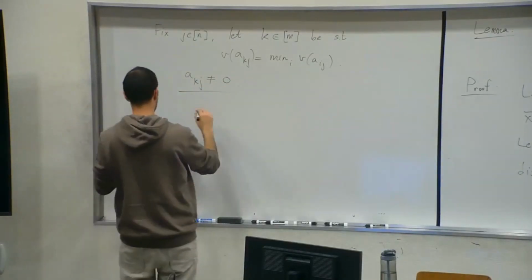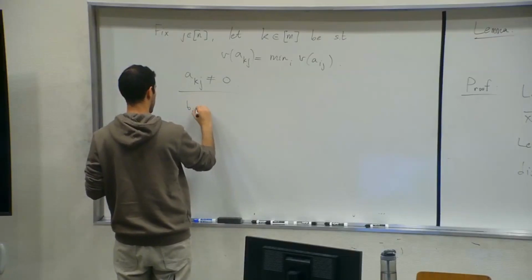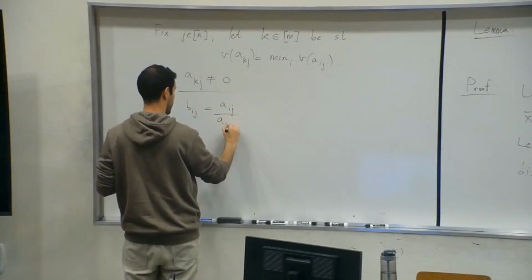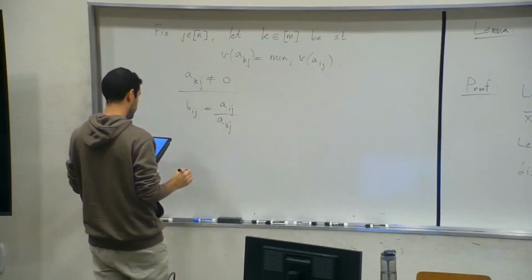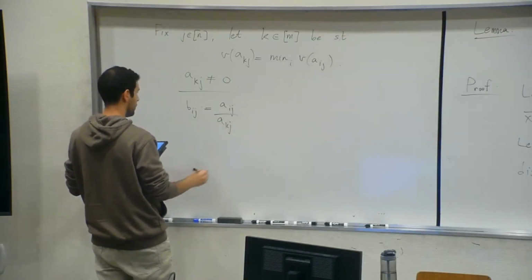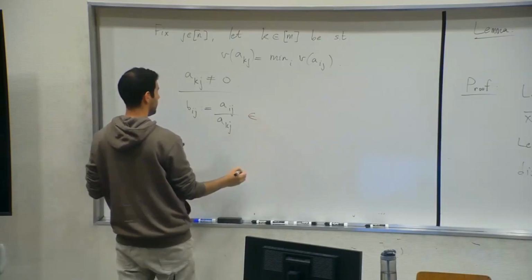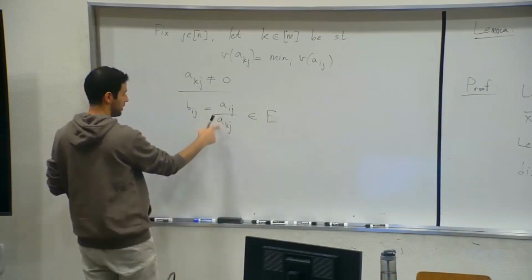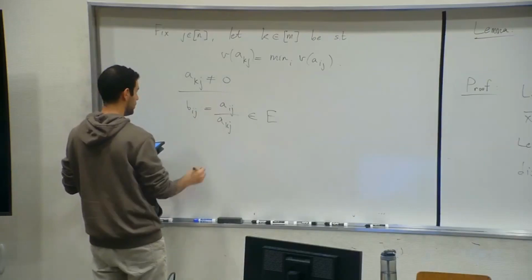So let's normalize. Let's define bij, which is aij over akj. So this is an element in where? In E, and non-zero.